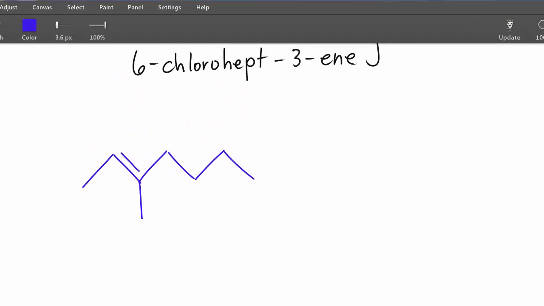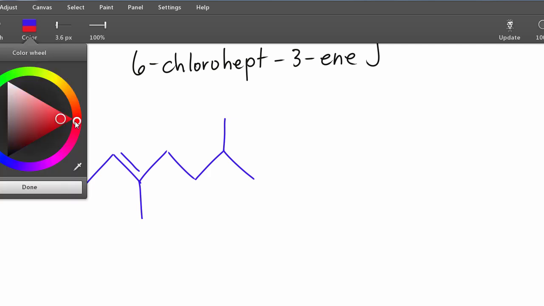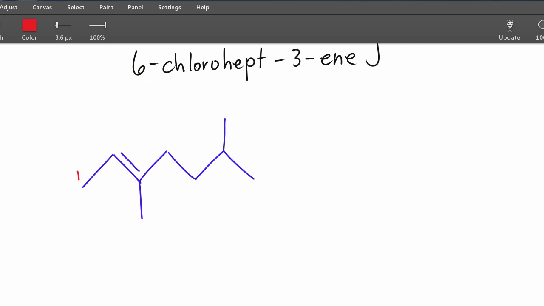And I have my double bond here, a methyl group here, and a methyl group there. Okay. Now, the same rule would apply. I want to look at the direction that's going to give me the lowest number on my double bond. So I can see this direction, 1, 2, 3, 4, 5, 6, 7.